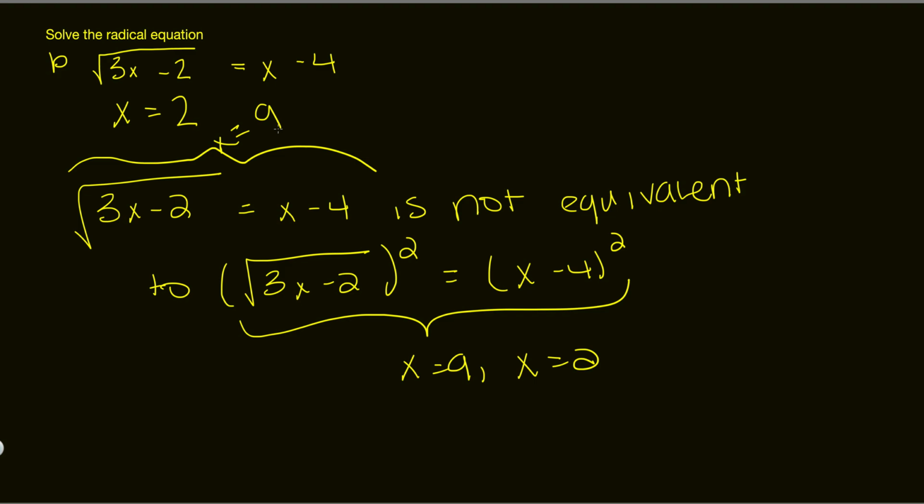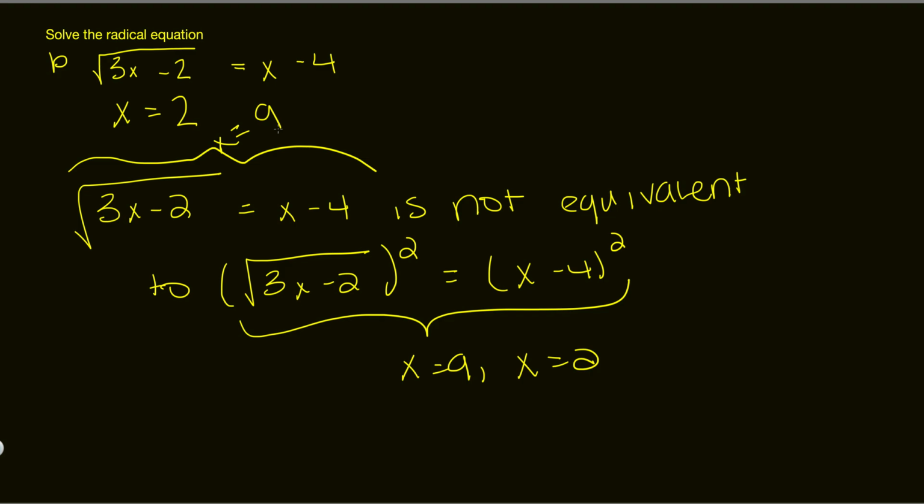Squaring both sides of the original equation created an extraneous solution. Doing that first step of getting rid of the square root is the thing that gave us this extraneous solution. So x equals 2 only works for an equation that is squared on both sides.